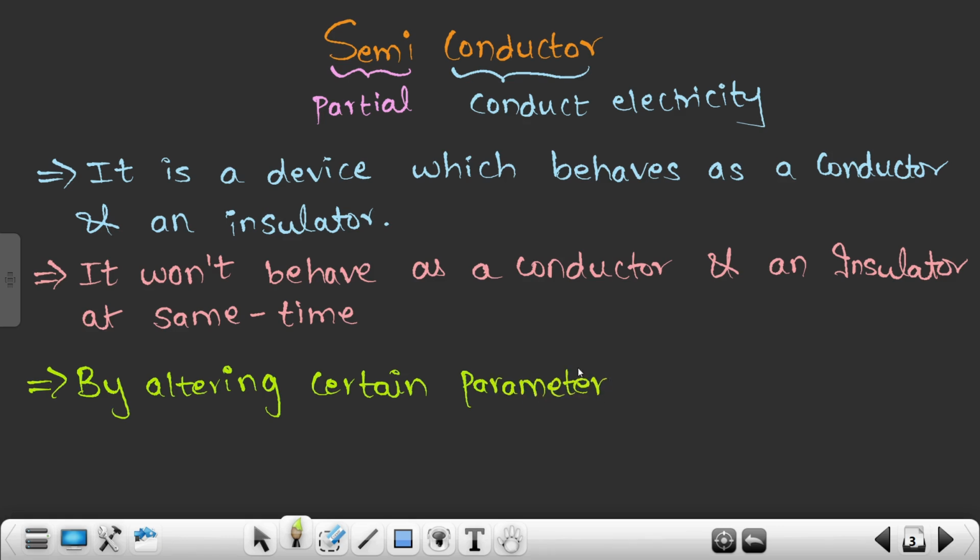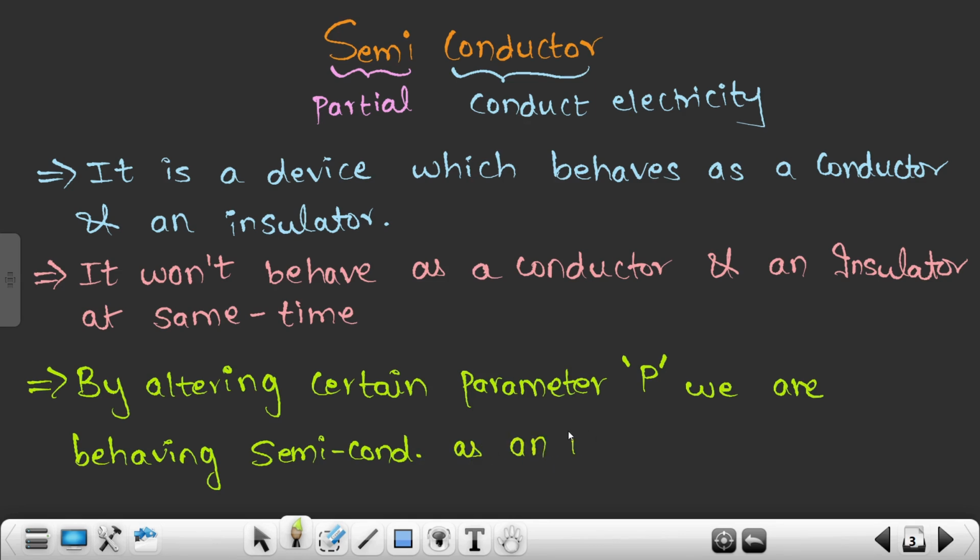By altering certain parameter, let's assume that parameter is P. Okay, by altering certain parameter, we are making the semiconductor behave as an insulator or conductor.